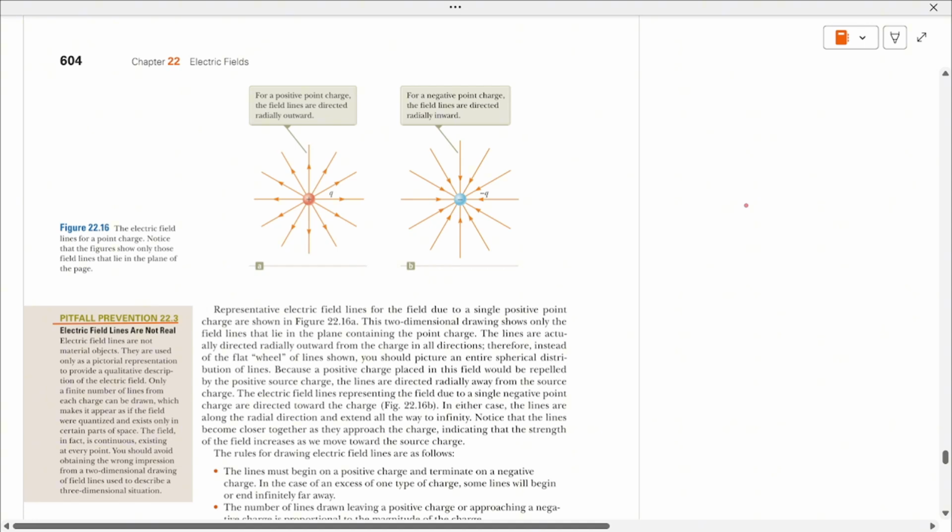Some important notes about field lines. They always begin on a positive charge and terminate on a negative charge, as I'm illustrating now.